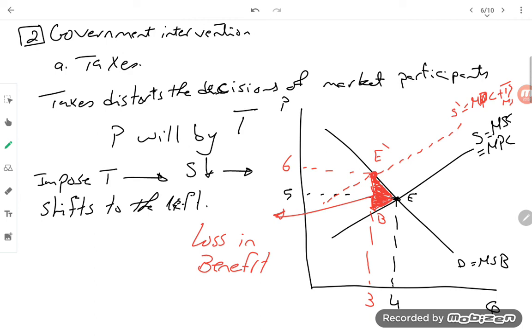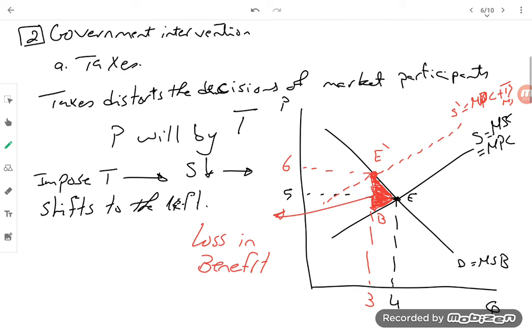But as the government imposes taxes, the supplier is going to decrease quantity supplied and the supply curve will shift to the left, representing marginal private cost plus taxes, which is greater than marginal social cost.